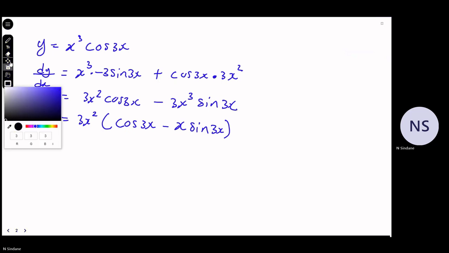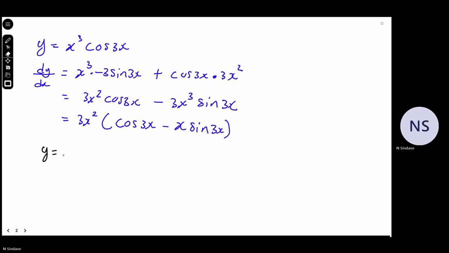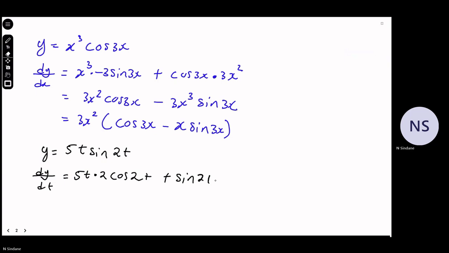Let's get another question. We're given y is equal to 5t sine of 2t. Differentiate y with respect to t. I get dy over dt equals: keep 5t constant, then differentiate sine of 2t, multiplied by 2 cos of 2t, and then keep sine of 2t constant, multiplied by 5.